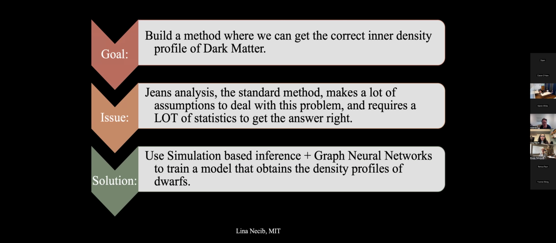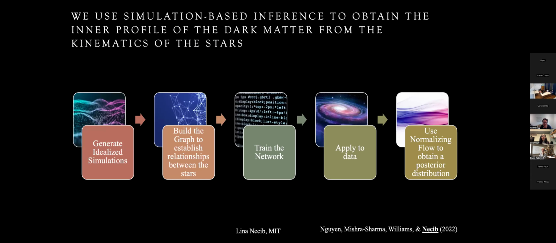So what we did is use simulation-based inference and graph neural networks to train a model that obtains a density profile of dwarfs. The way that we did this is to train a network on a lot of simulations to be able to extract the density profiles. This is a multiple step process, but a very, very big overview.